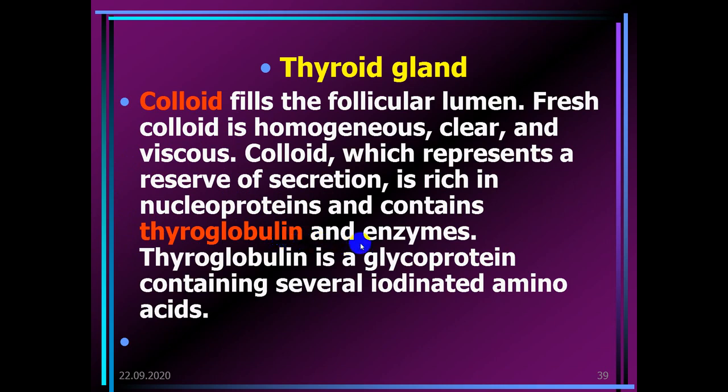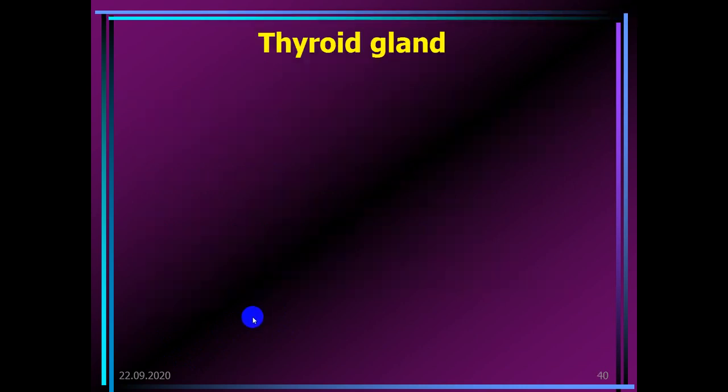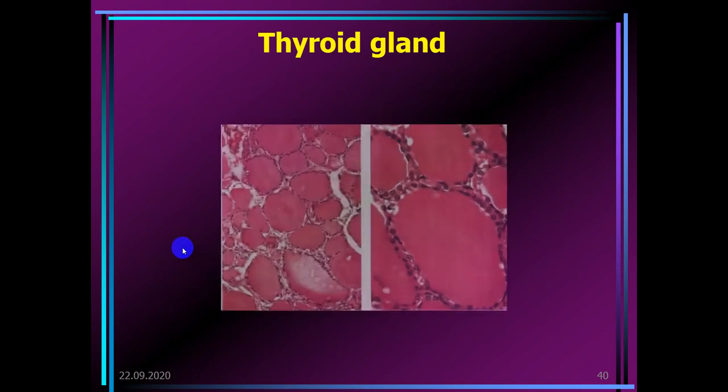Also there may be enzymes in this colloid. Thyroglobulin is a glycoprotein containing several iodinated amino acids. The main amino acid which undergoes iodination is tyrosine.